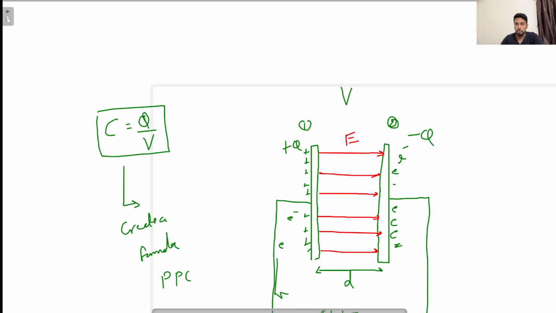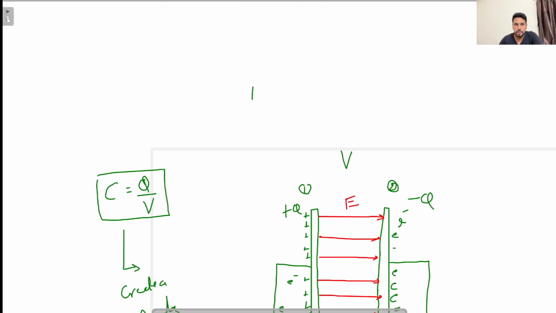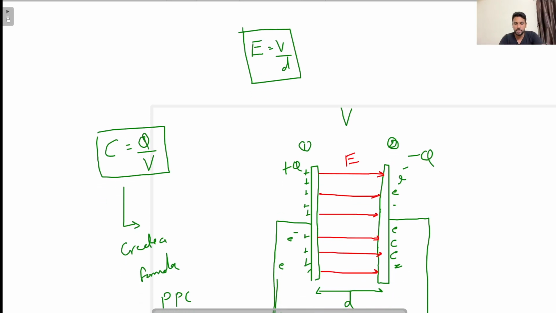So from the formula of electrostatics, E is equal to V by d. With this formula, I can calculate the electric field value present between the plates: voltage divided by the distance between the charged plates.